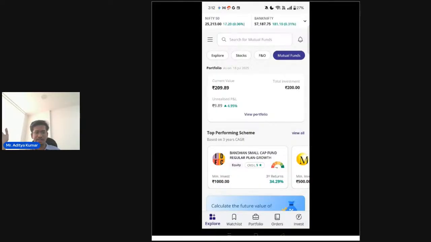It is managed by experts. The skilled fund manager analyzes the market and makes decisions for you, saving your time and effort. It is affordable. You can start with just 500, making it accessible even if you are on a tight budget. It is flexible. You can buy or sell units easily, and options like SIP let you invest small amounts regularly.